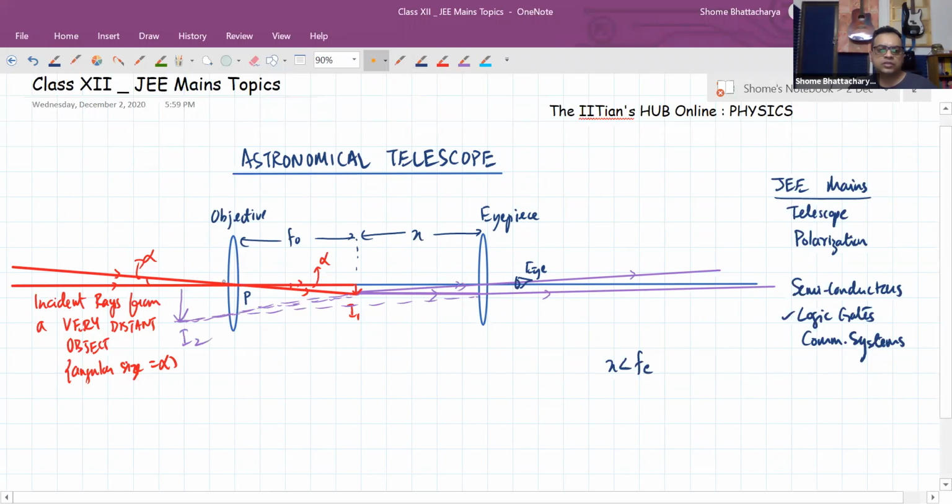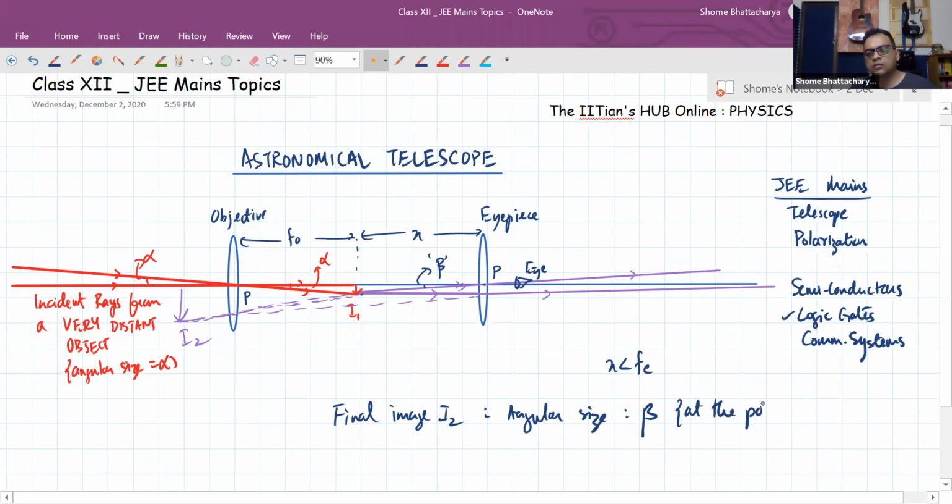The final image I2 has an angular size of beta, where this angle here is beta, at the pole of the eyepiece.